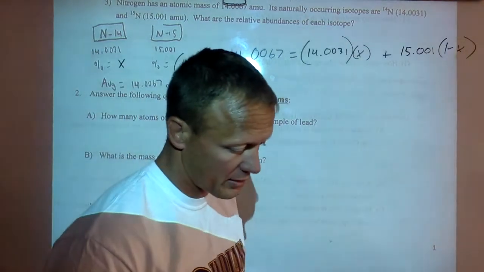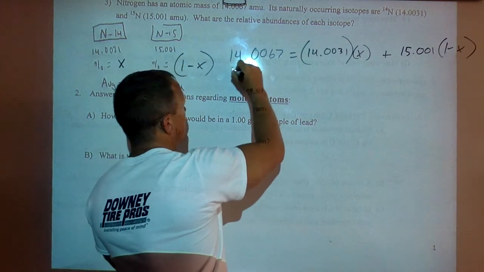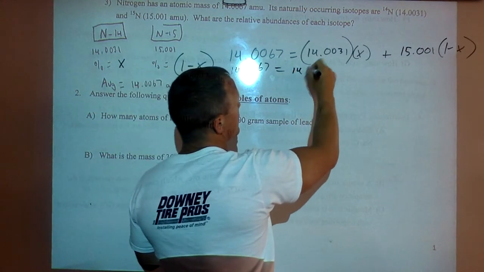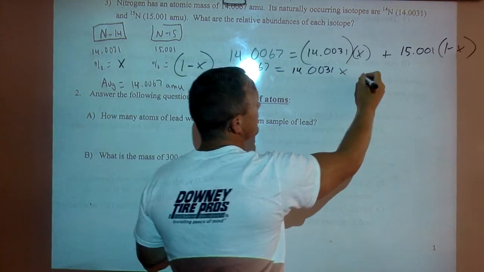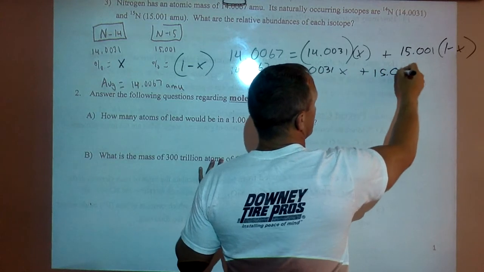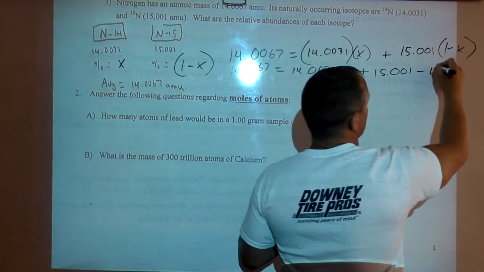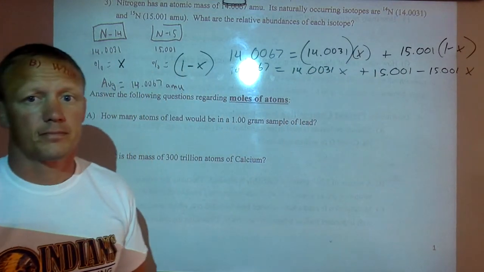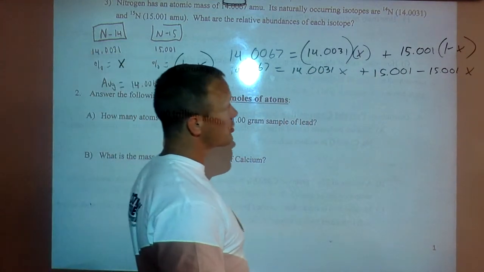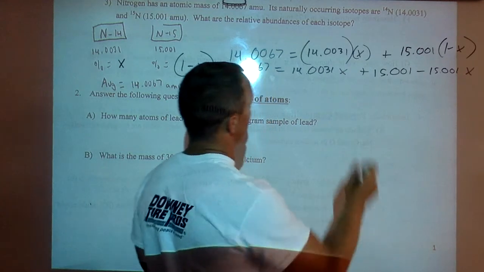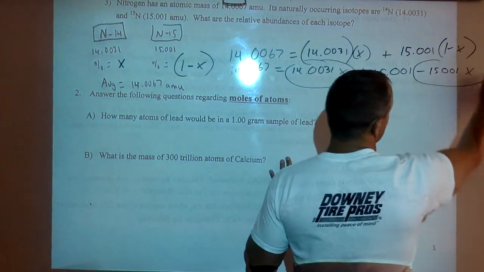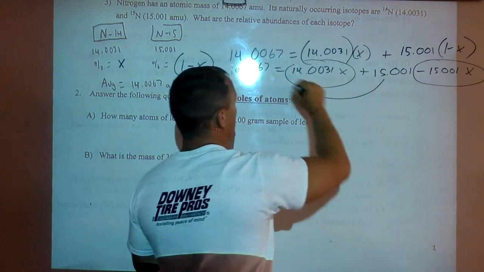When I do this, I would end up with 14.0067 equals 14.0031x plus 15.001 minus 15.001x. So I can combine my like terms, meaning I can combine my 2 x terms, and I can move this one over to the other side, subtract it over.